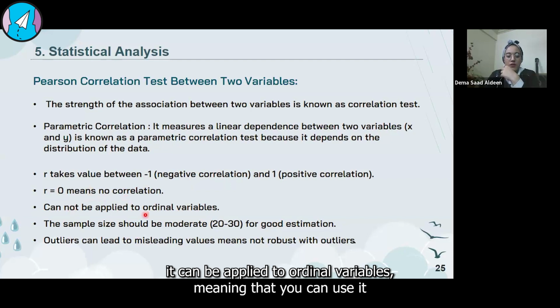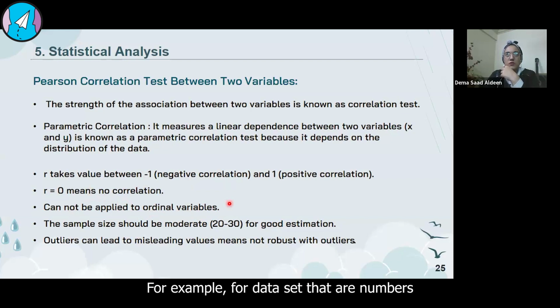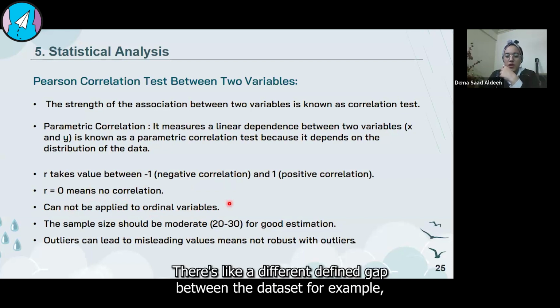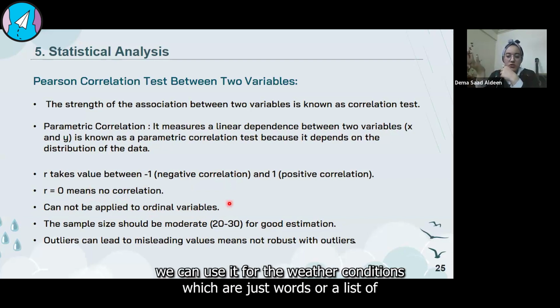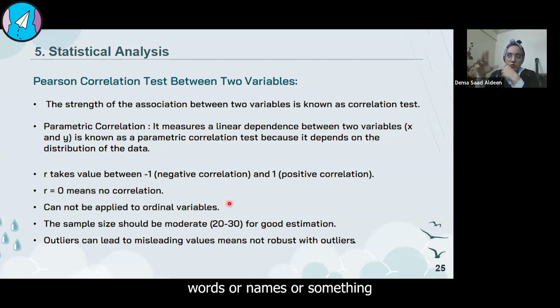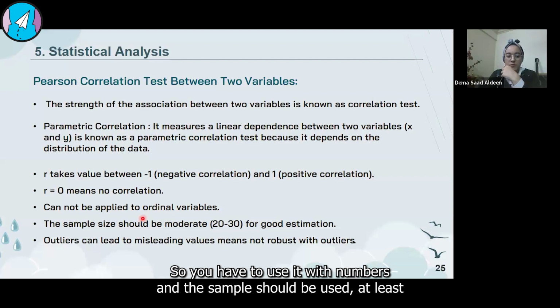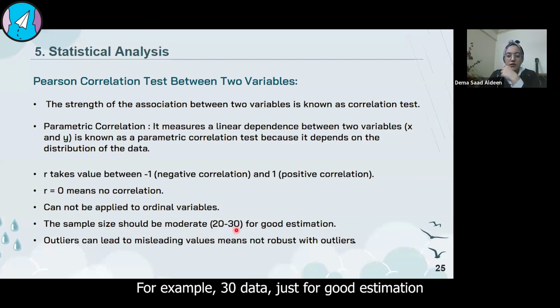It can be applied to ordinal variables, meaning that you can use it, for example, for datasets that are numbers, where there's a defined gap between the values. For example, we cannot use it for the weather conditions, which are just words or names. So you have to use it with numbers. And the sample should be at least, for example, 30 data points, just for good estimation.